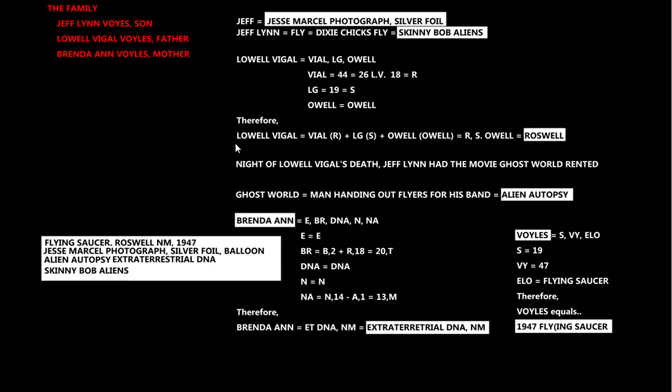So the three of us together become Roswell, New Mexico, 1947, flying saucer, Jesse Marcel photograph, silver foil balloon, extraterrestrial DNA of Skinny Bob aliens. So there's a lot of information contained within these three family member names.